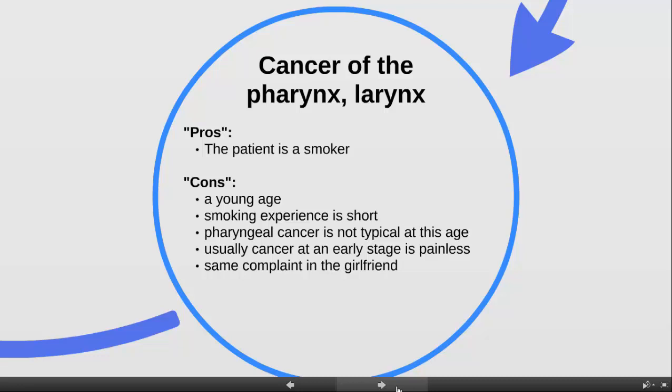Pharyngeal cancer is not typical for this young age with this short duration of smoking. Maybe in 20, 30, 40 years we may think about it again. Usually cancer in the early stage is painless. And his girlfriend, who doesn't smoke, has the same complaints. Unlikely it's cancer of pharynx.